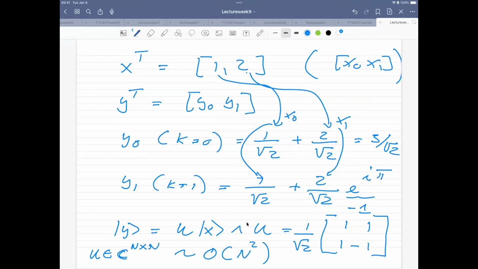If I don't do anything, then the standard discrete Fourier transform is a matrix times a vector, and that requires roughly this amount of floating point operations. If I do a fast Fourier transform, you can actually show that this reduces to n times log n.